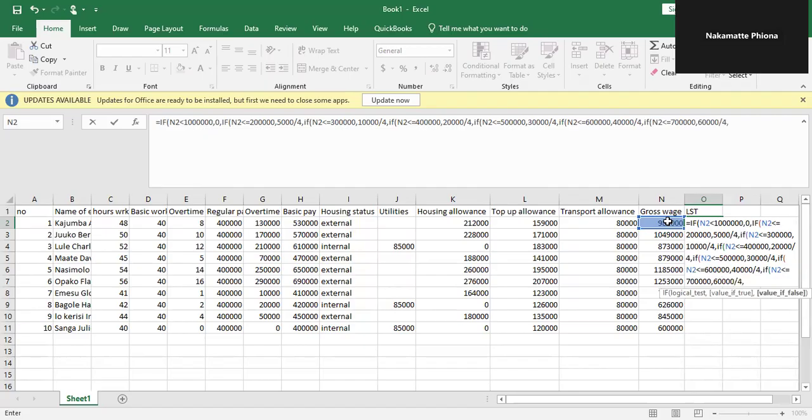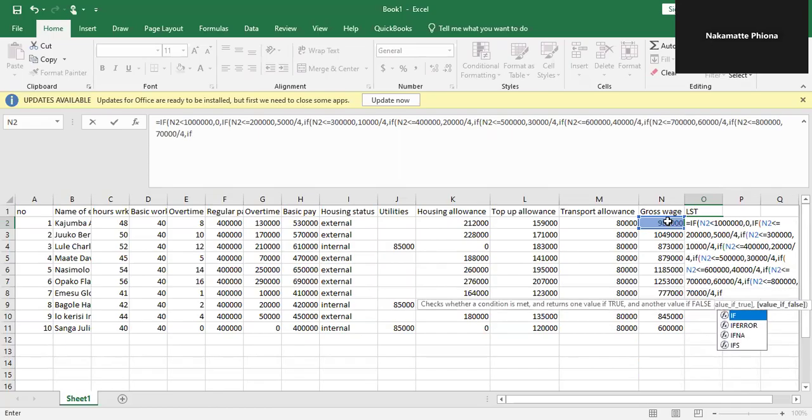If gross wage less or equal to 800,000, comma 70,000 over 4. If gross wage less or equal to 900,000, comma 80,000 over 4.